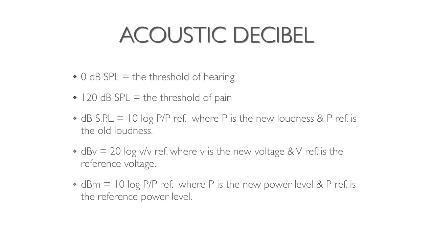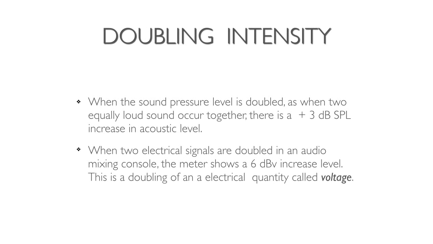So if you double the amount of signal going to a meter, it's going to be a 6 decibel increase, which is what I'm saying right here. So just know this. Remember that this is the case. 3 decibels when you double the acoustic energy, and 6 decibels when you double the voltage as you would going into a meter, for instance.